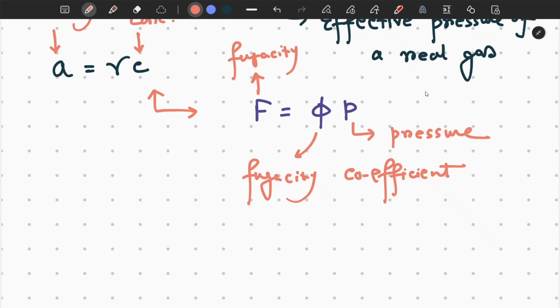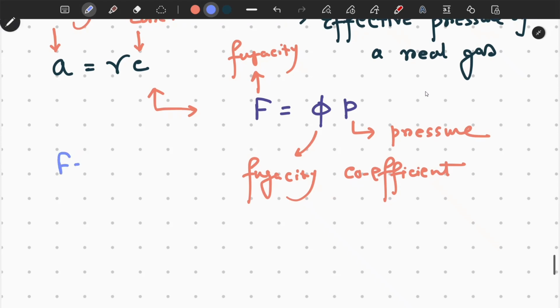This fugacity coefficient is totally unitless because fugacity and pressure both have the same unit. So for very low density of gas, obviously f goes closely to pressure.